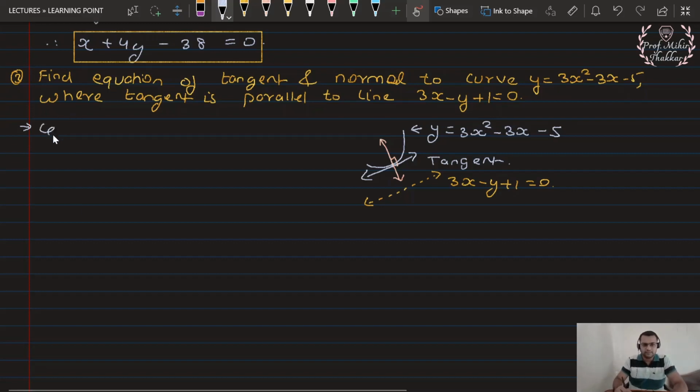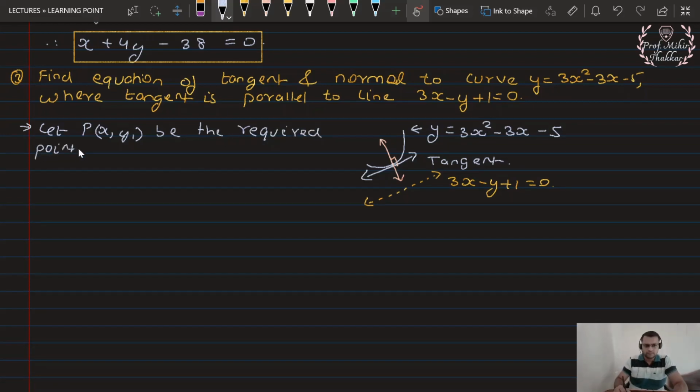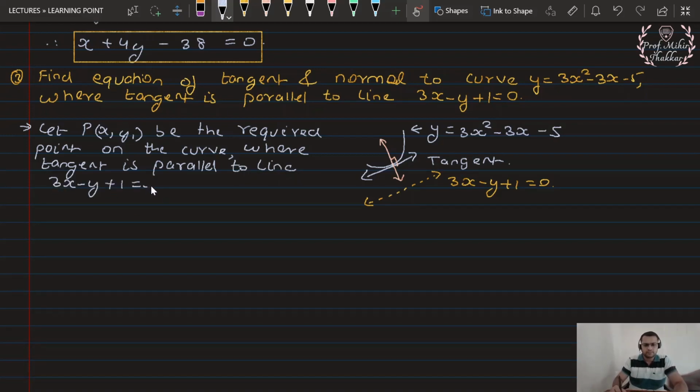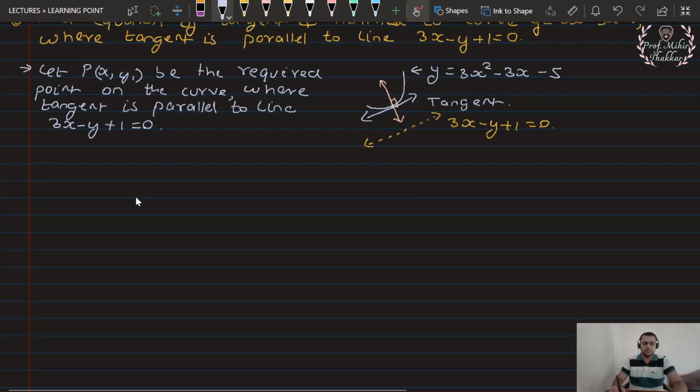We say that let P(x1, y1) be the required point on the curve where tangent is parallel to the line 3x minus y plus 1 is equal to 0.